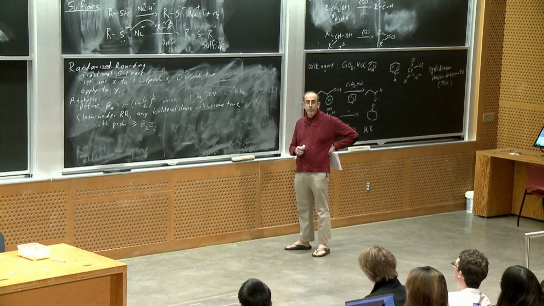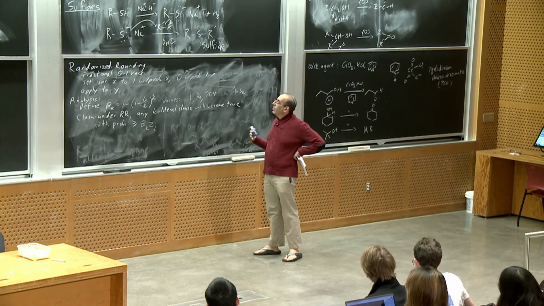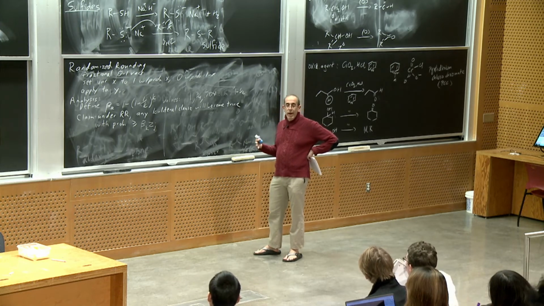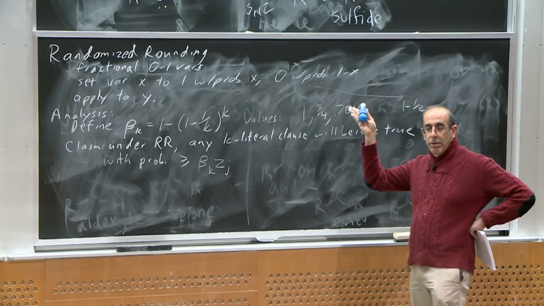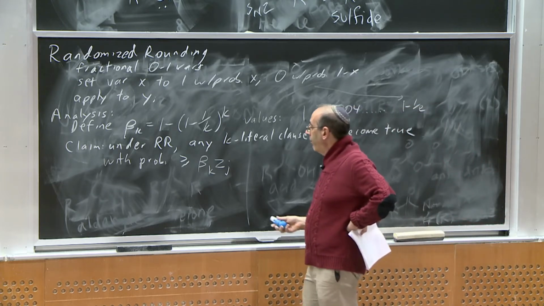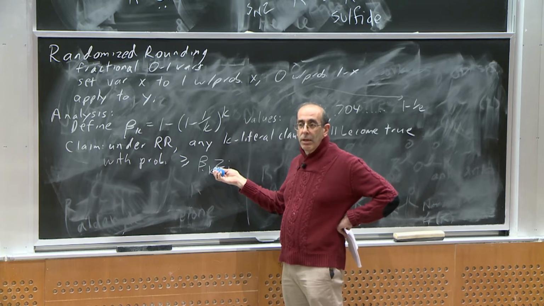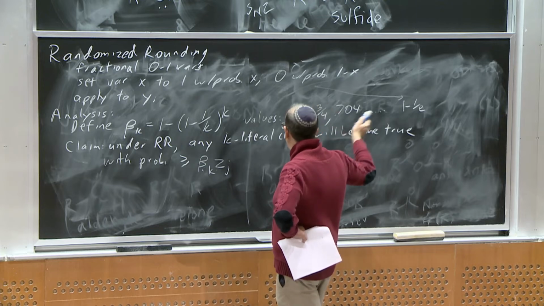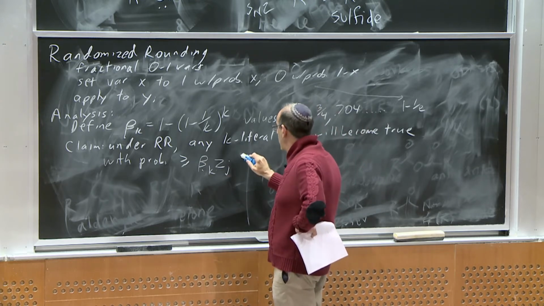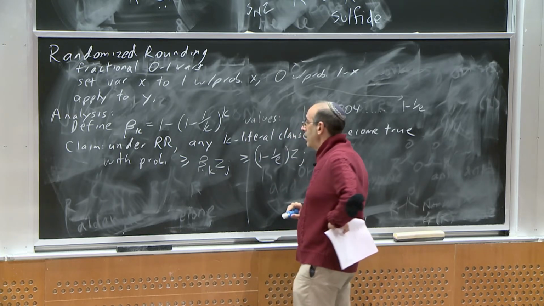And again, this is the kind of thing you should expect when you're doing an LP rounding analysis. You try to tie different parts of your solution to different parts of the fractional solution. So whatever the zj's are in the fractional optimum, we get at least a beta k fraction of every zj. And as we just said, all of these beta k's form a decreasing sequence, so this is at least 1 minus 1 over e times zj.